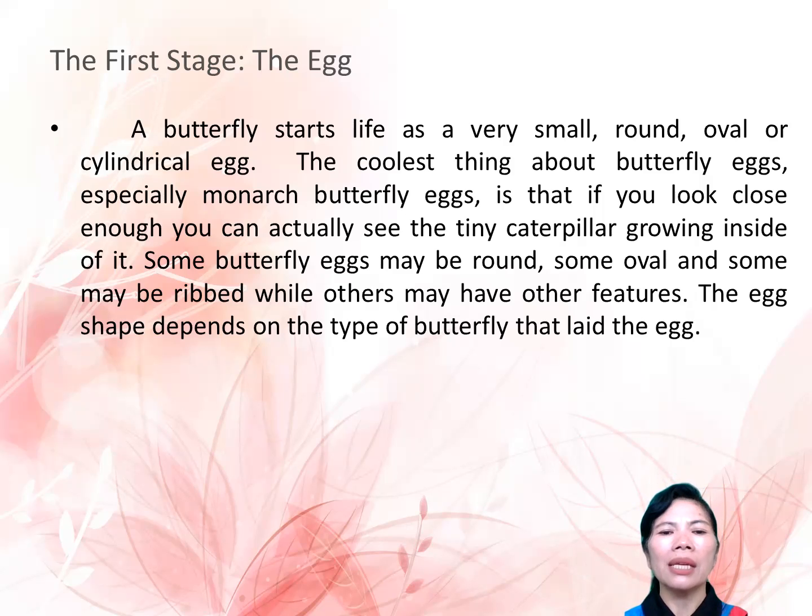Some butterfly eggs may be round, some oval, and maybe ribbed, while others may have other features. The egg shape depends on the type of butterfly that laid the egg.